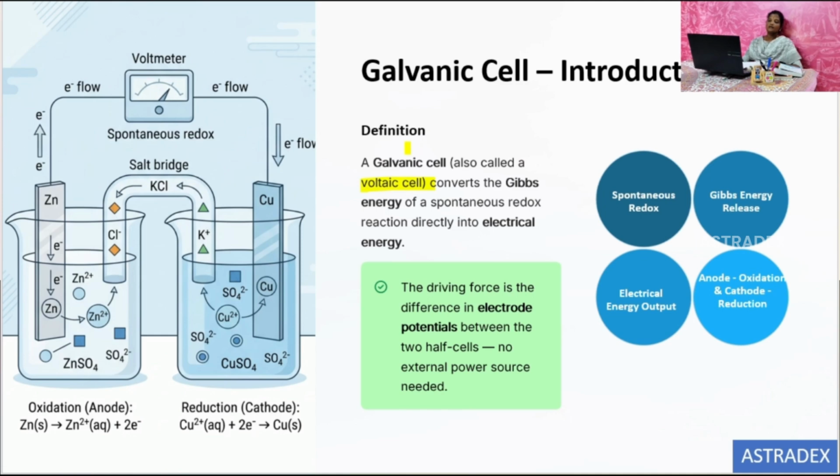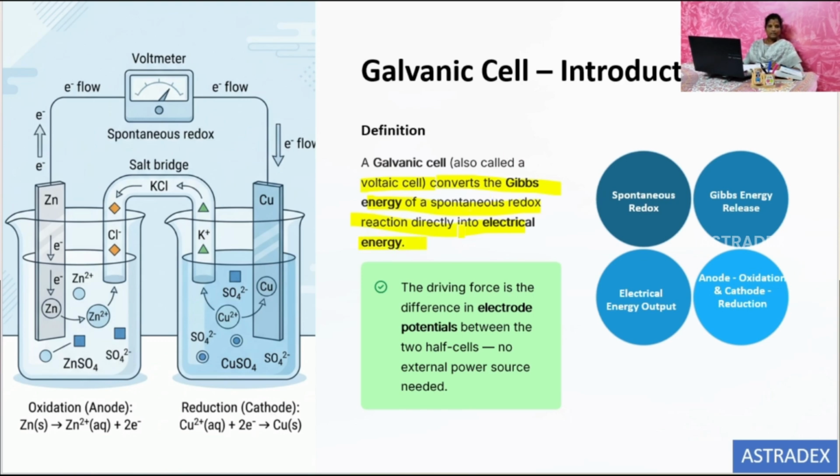You know very well the electrochemical cell involves a spontaneous redox reaction, whereas the electrolytic cell is non-spontaneous, because we have to drive the reaction. So the galvanic cell, also called a voltaic cell, converts the Gibbs energy of a spontaneous redox reaction directly into electrical energy.